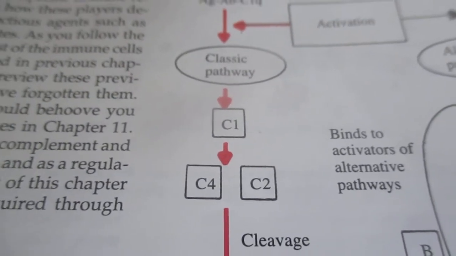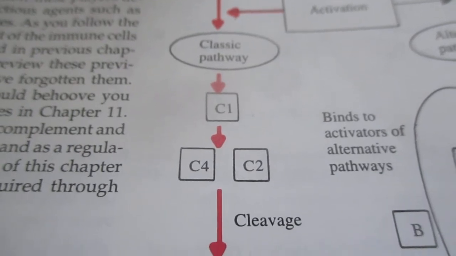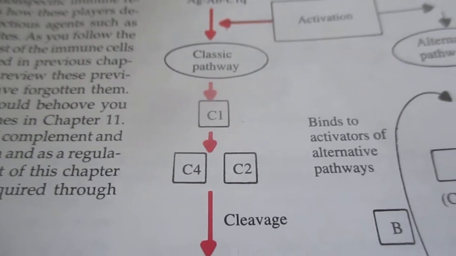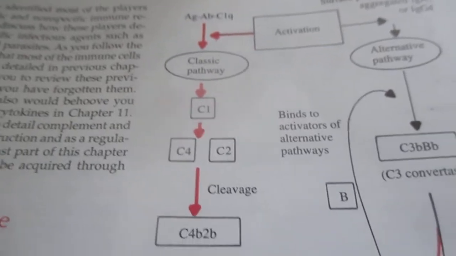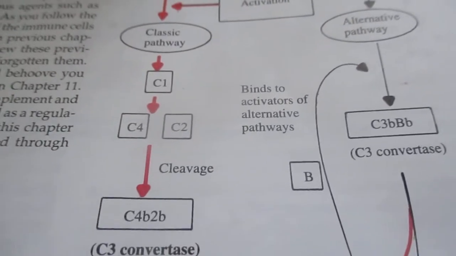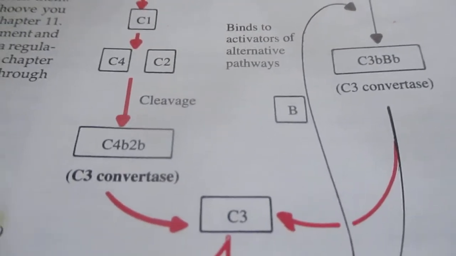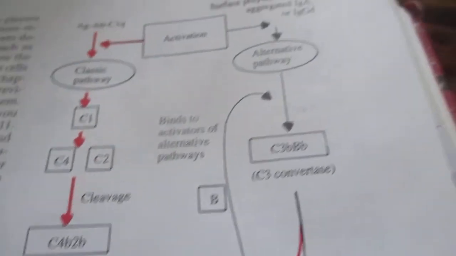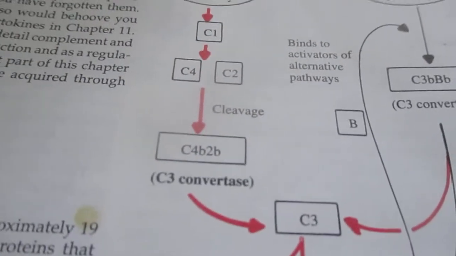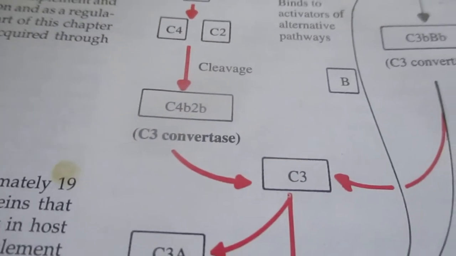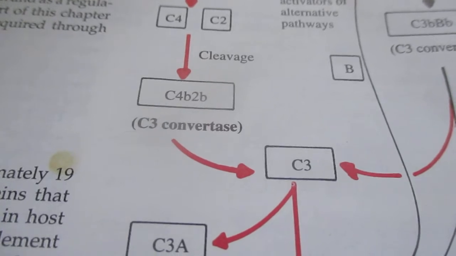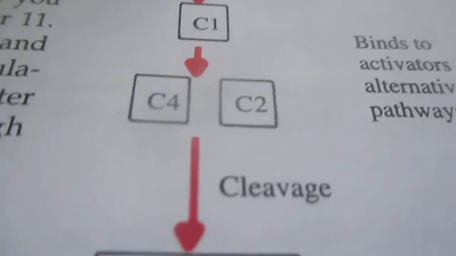It acts as an antibody recognition factor. That is, it recognizes binding sites on the antibody. After binding to antibody, C1 undergoes a conformational change and becomes a proteolytic enzyme. The substrates activated by C1 are C4 and C2.